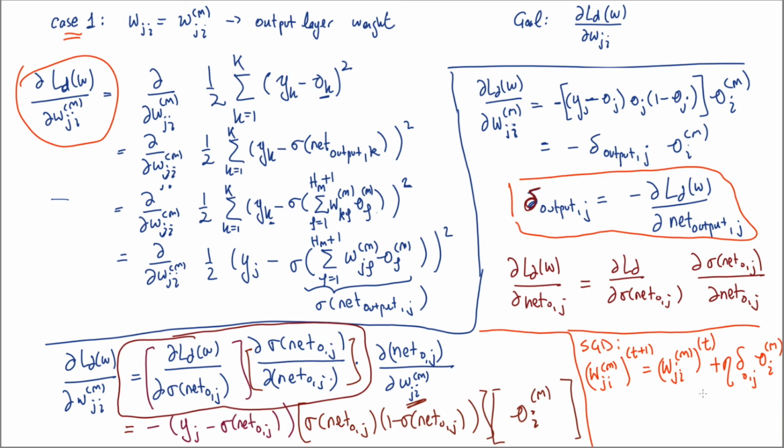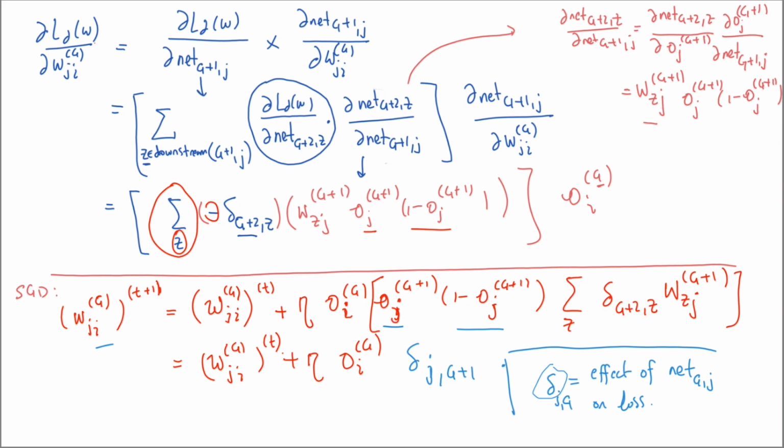This delta_j is literally the target y value minus the predicted value, times the predicted value times 1 minus the predicted value, to compute the weight updates for the output layer. Once you're done with that, you've started the recursion for the deltas. You can move your way back and start doing weight updates for case 2, for weights inside the network.